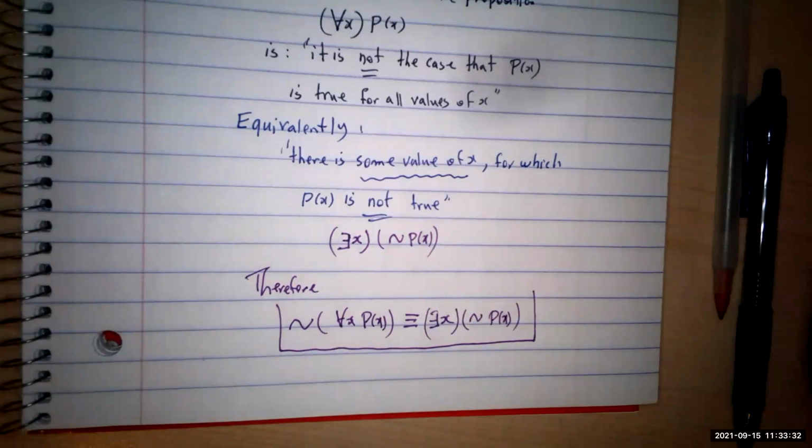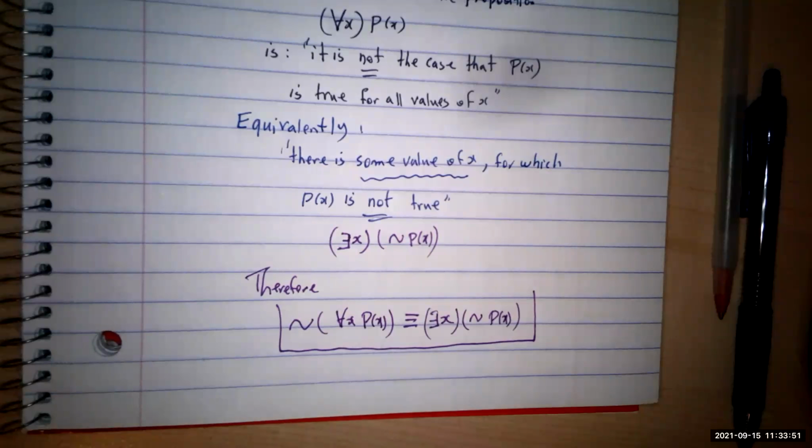It's very easy. When you want to negate it, you just change the quantifier. This is going to be for all, so the negation would be there exists x. And for the statement, whatever it is, you just consider not P of x.